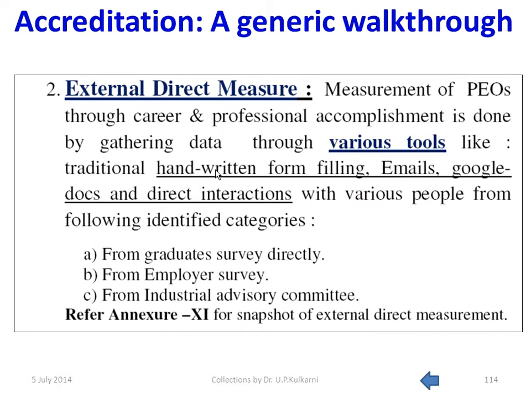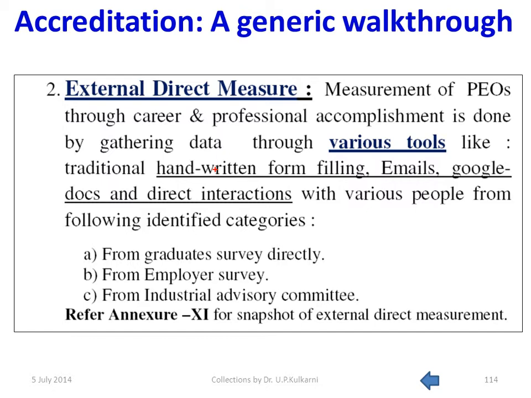The other one is external direct measure. The measurement of POs through career and professional accomplishment is done by gathering data through various tools like traditional handwritten form filling, emails, Google Docs, and direct interaction with people from the different categories that you have identified.